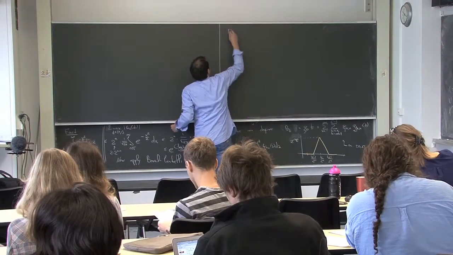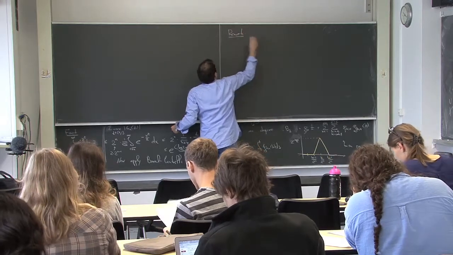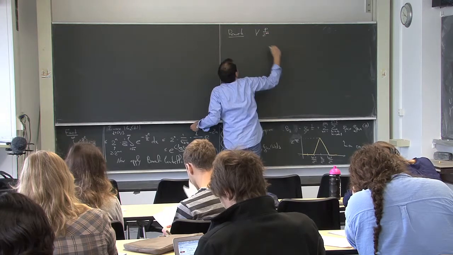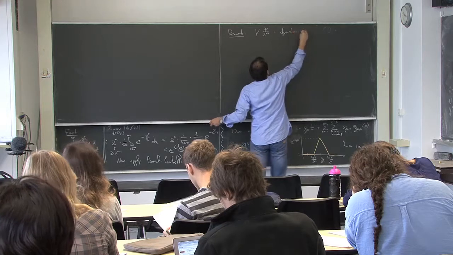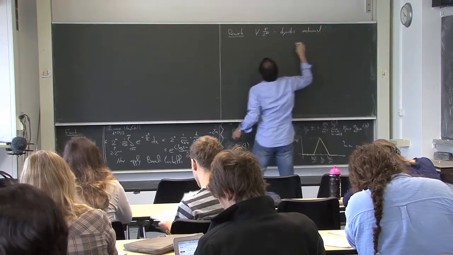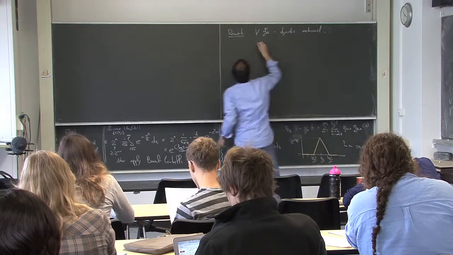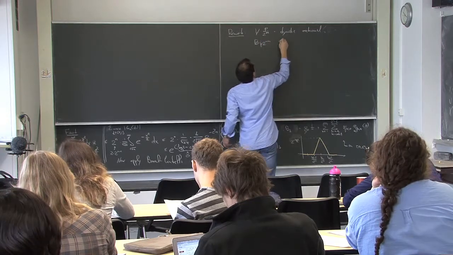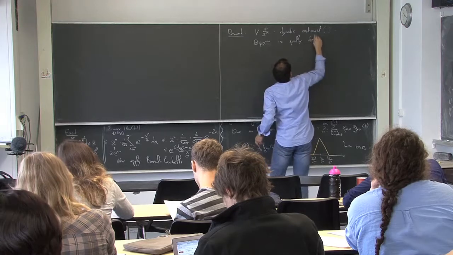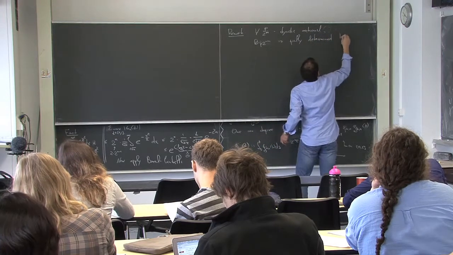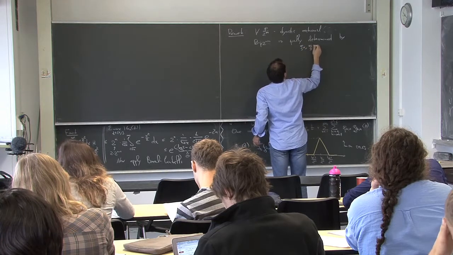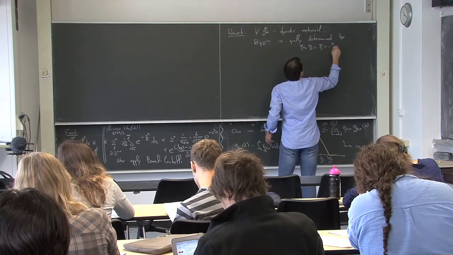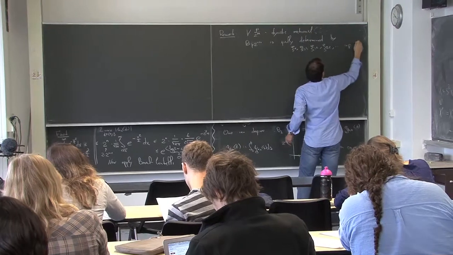Remark: for any dyadic rational p over 2 to the m, the value at p times 2 to the minus m is fully determined by xi 1, xi 11, xi 12, xi 32, etc., up to the level m.